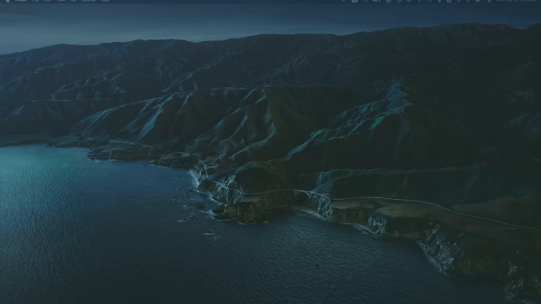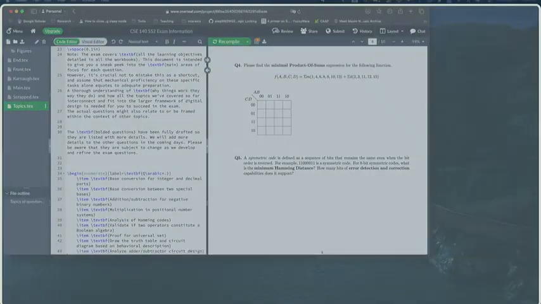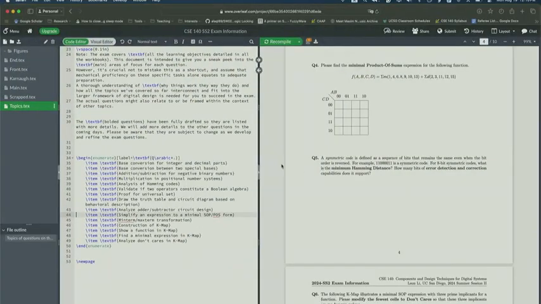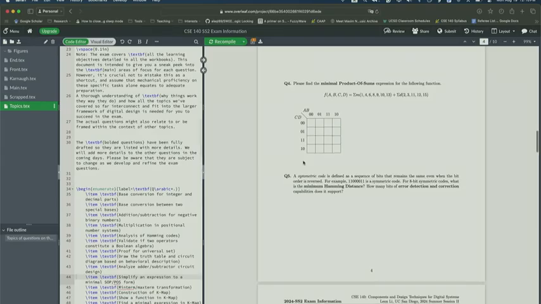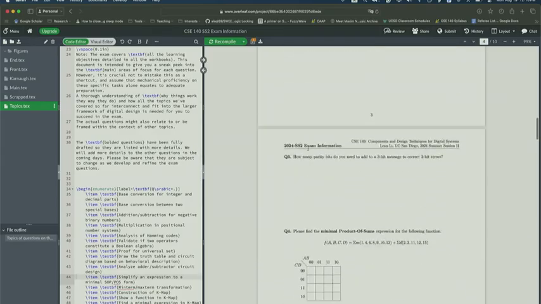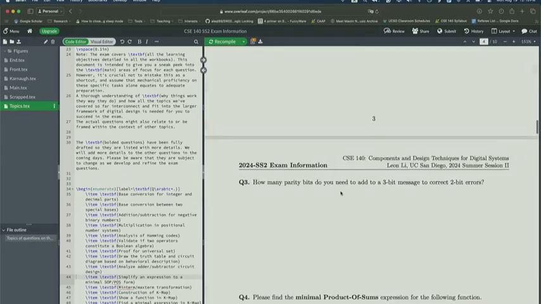Question 5 on the practice midterm. And by the way, I have to remind you that this is not a practice midterm. But I see what you're saying. Yeah. Yeah. How many parity bits do you need to add to a 3-bit message to correct 2-bit errors?